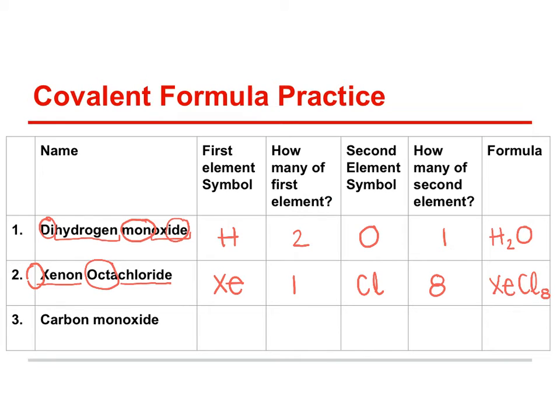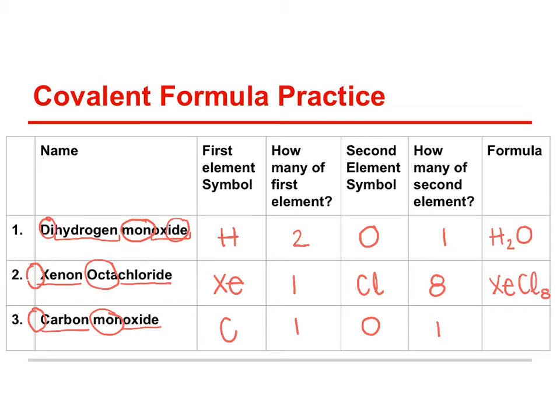Okay, next, carbon monoxide. Carbon is my first element, and there's no prefix, so again, that tells me there's just one. And then oxide is oxygen, and the mono tells me there's just one of them.